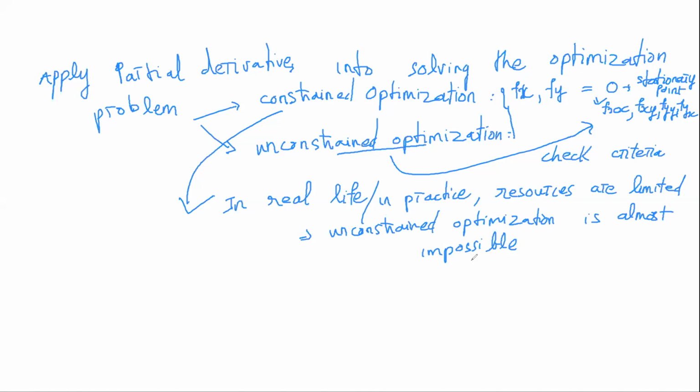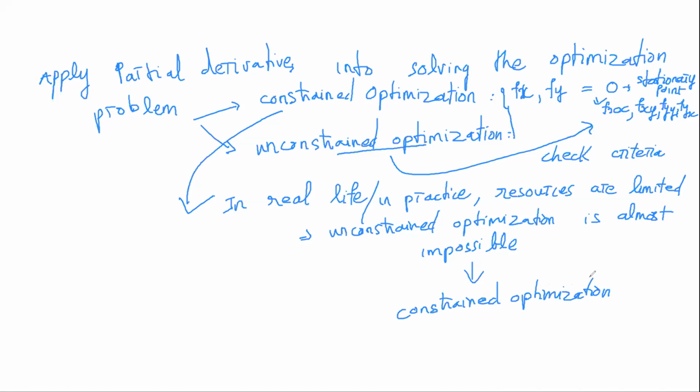So that's why we need to solve the problem with constraint optimizations. It could be the case that you have a budget for consuming.